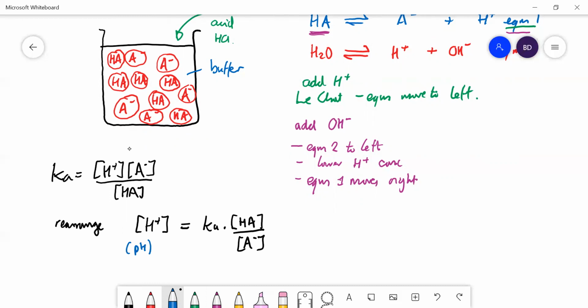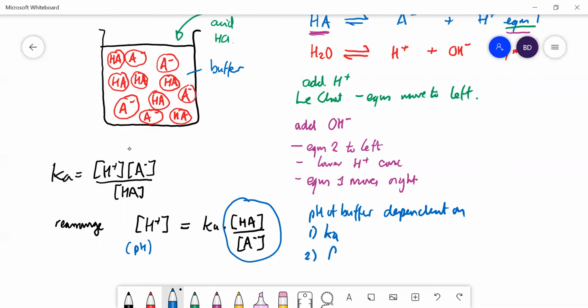So we can see the pH of a buffer solution is dependent on two things. It's dependent on Ka of the weak acid, which of course doesn't change. And the other thing it's dependent on is the ratio of the concentration of the weak acid to its conjugate base.